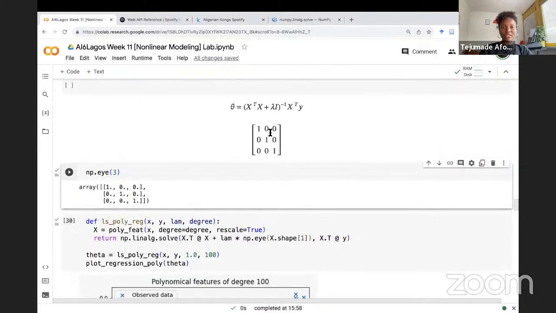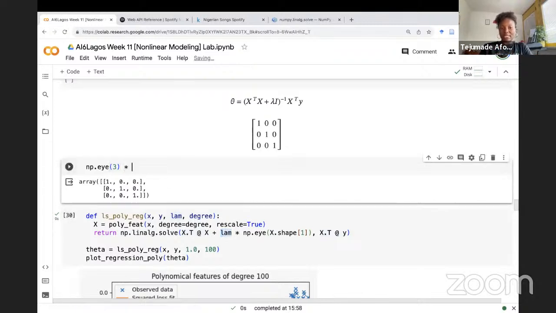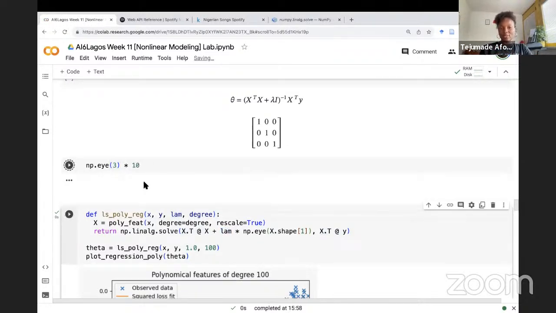So we create this identity matrix because we want to multiply it by lambda so that we can do the matrix addition together, because lambda is a scalar value, just one number, maybe like a lambda of 10.